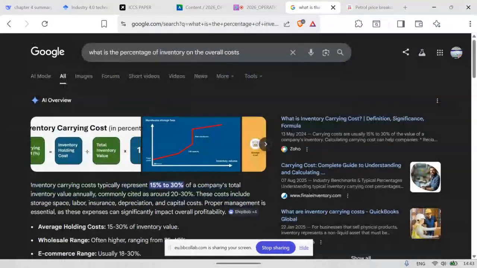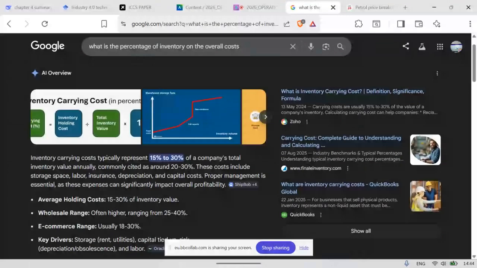Inventory carrying costs typically represent 15 to 30% of the company's total inventory value annually. So 30%, the carrying costs, commonly cited as 20 to 30%. These costs include storage space, labor, insurance, depreciation, and capital costs.